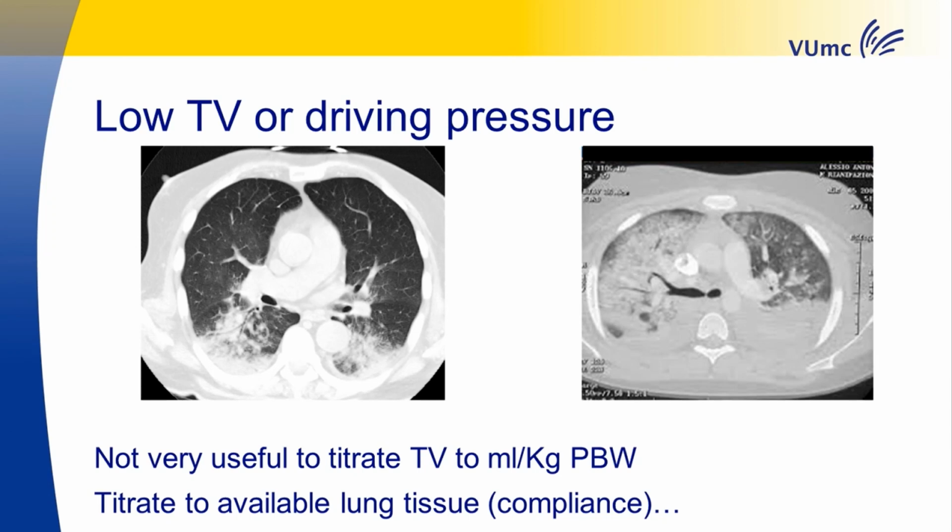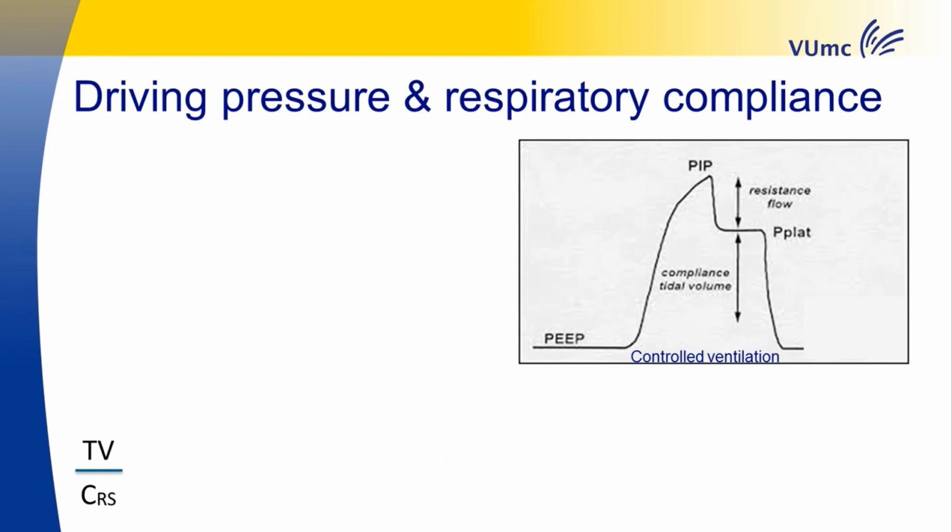So that's why the idea comes from: we're not going to correct for predicted body weight, but we want to correct for the severity of ARDS. And that's what Amato basically did. So try to correct tidal volume for severity of ARDS. That is, and Claude already demonstrated this to you, tidal volume divided by compliance of the respiratory system.